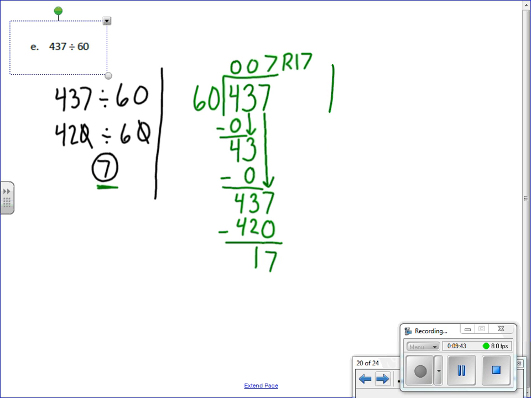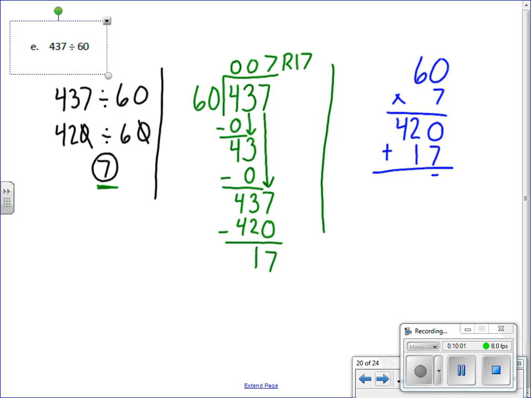And now we're going to go through and we're going to check it. Hopefully it checks out for us. I'm going to take my divisor of 60 and I'm going to multiply it by 7. 7 times 0 is 0. 7 times 6 is 42. Then I need to go back in and add on my remainder of 17. 7, 3, 4.